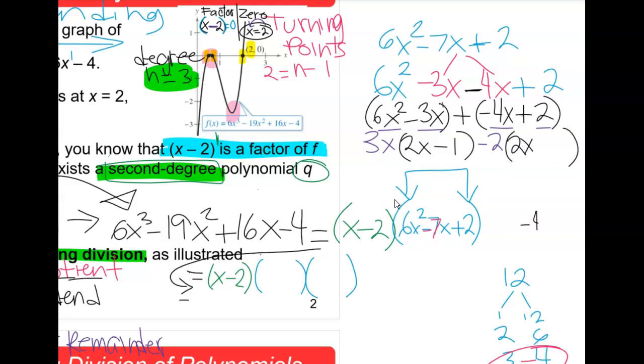Right? Negative 4x divided by negative 2, you get positive 2x. Then if I get negative 2 and divided by, the one on top here is positive 2 divided by negative 2. So I'm going to get negative 1.